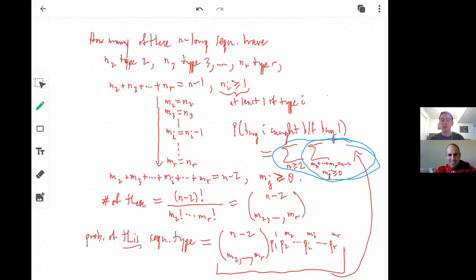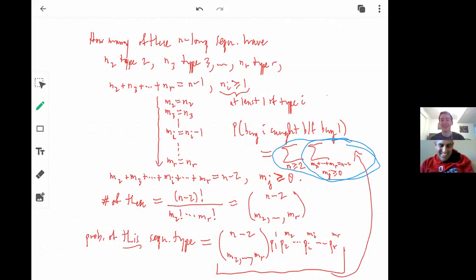Do you understand what I'm thinking? So, yeah, would that just be p sub 2 plus all the way to p sub r, all raised to the n minus 2 power? Yeah, it seems like it might be. Then you just multiply by p sub 1 and sum from n equals 2 to infinity. Yeah, it seems like that's what's going on.